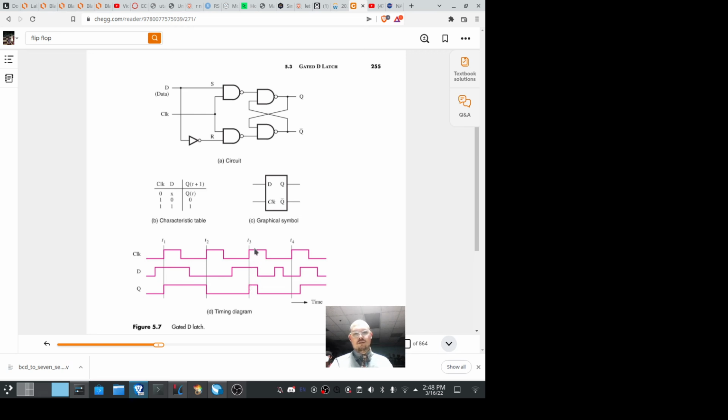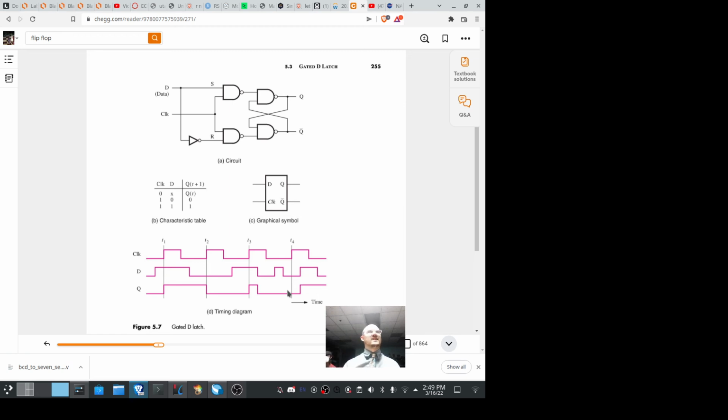Now, the clock is still high, but the data goes low, which means that as soon as the data goes low, Q also goes low, because the clock is still high. Then the clock goes low, and D does some funky stuff over here, but Q doesn't care because the clock is low. That make sense?